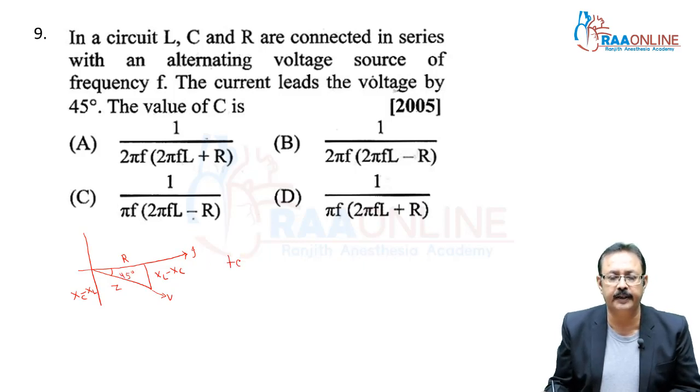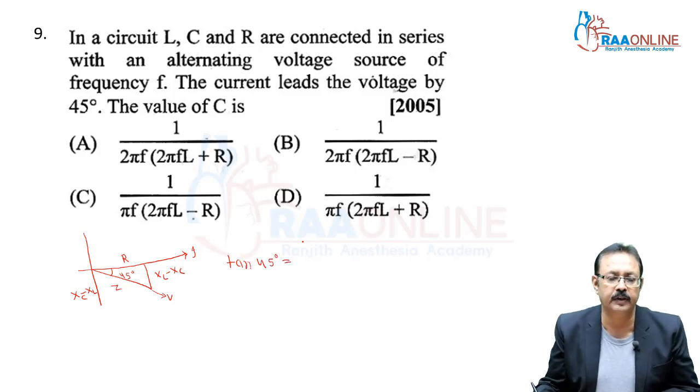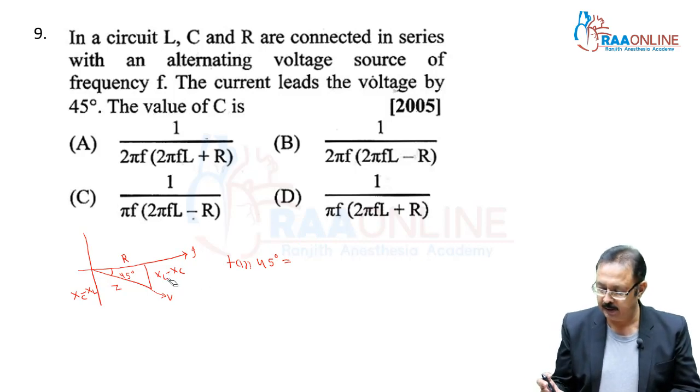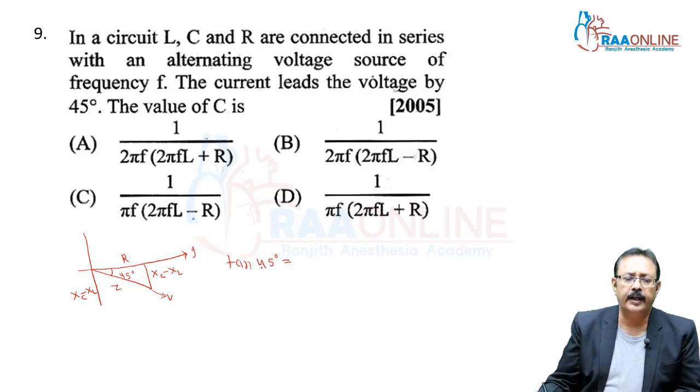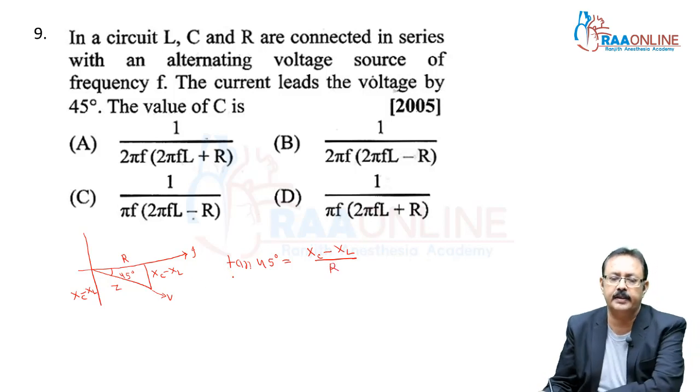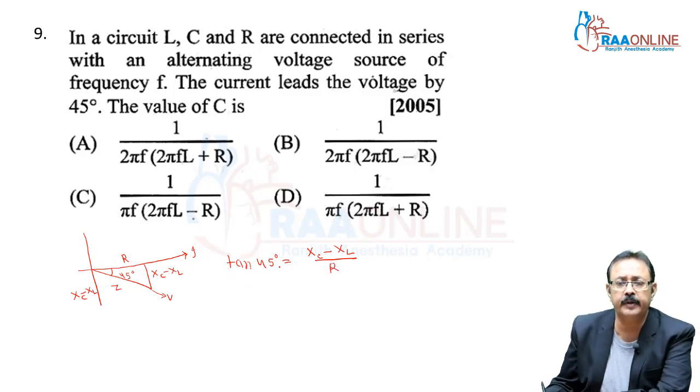So tan 45 degree is equal to XC minus XL divided by R, perpendicular upon base. tan 45 means 1. It means R should be equal to XC minus XL.